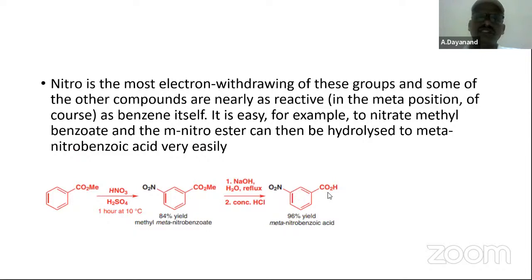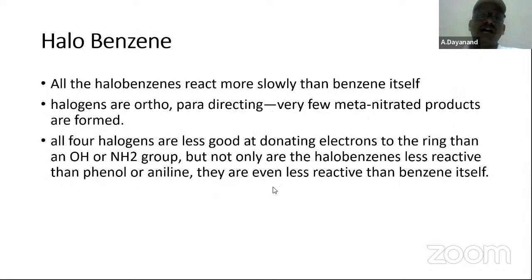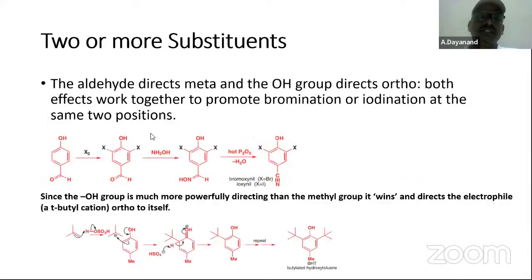Then coming to halobenzenes: they react more slowly than benzene itself. Halogens are ortho-para directing groups. Then when there are two substituents, like hydroxy as well as an aldehyde group: the aldehyde directs meta. Aldehyde is a deactivating group, therefore it directs the entering electrophile to the meta position, whereas OH is an ortho-para directing group.